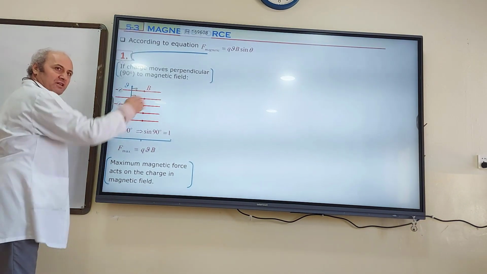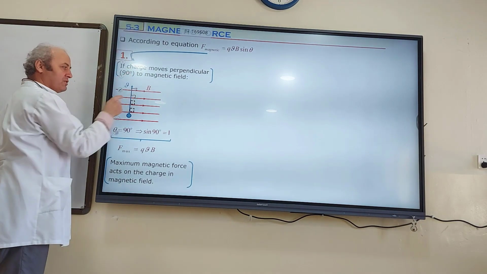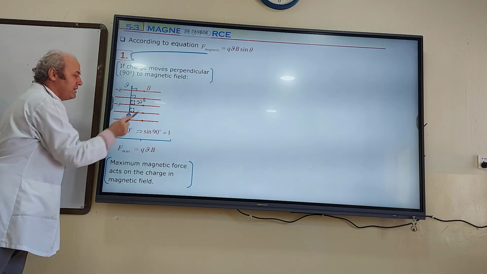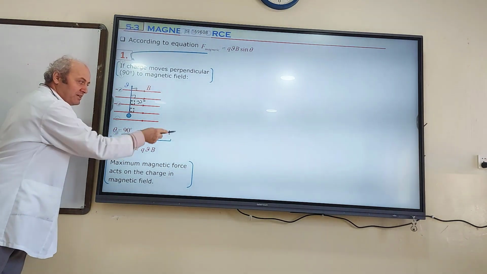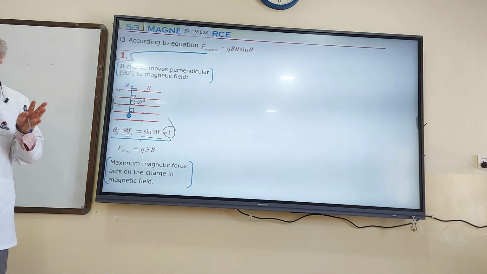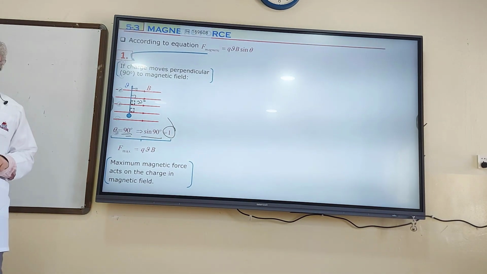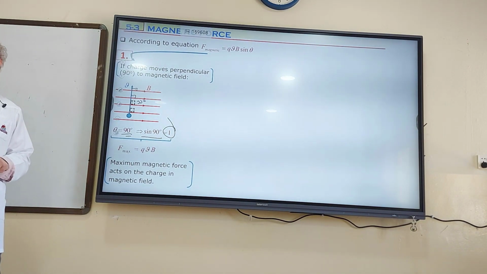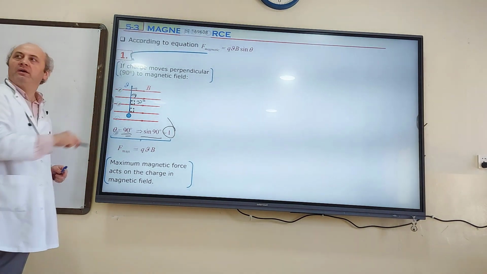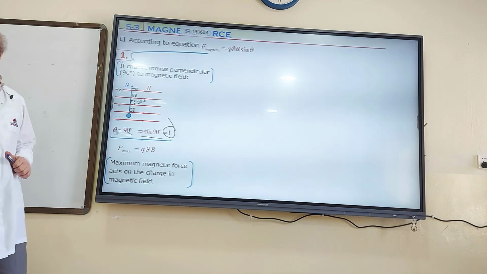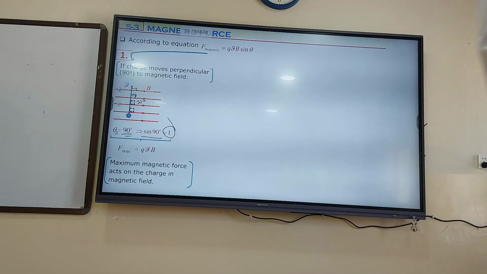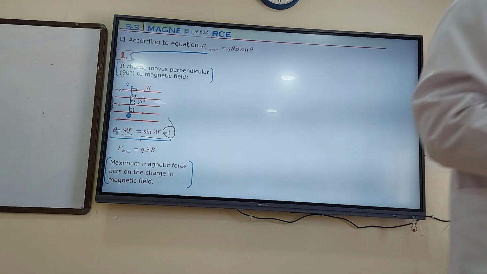Magnetic field lines are horizontal, the particle is moving vertically, so the angle between them is 90. Sine 90 is 1, so the force becomes the maximum, the greatest force. At what angle? 90 degrees. This is a mystery exam question. So at an angle of 90 degrees, the maximum magnetic force acts on the charged particle which is moving in the magnetic field.